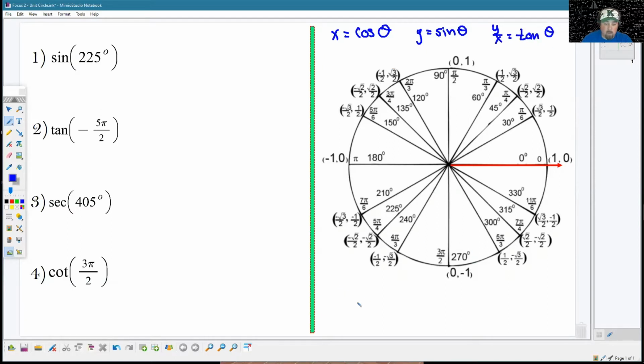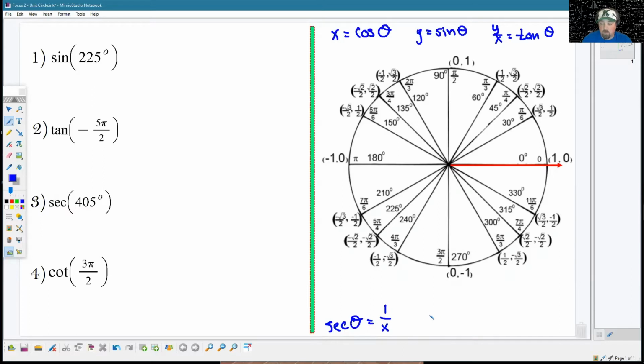Now, if we talk about secant, cosecant, and cotangent: the reciprocal function of cosine is secant. Since cosine is x, its reciprocal is 1 over x.